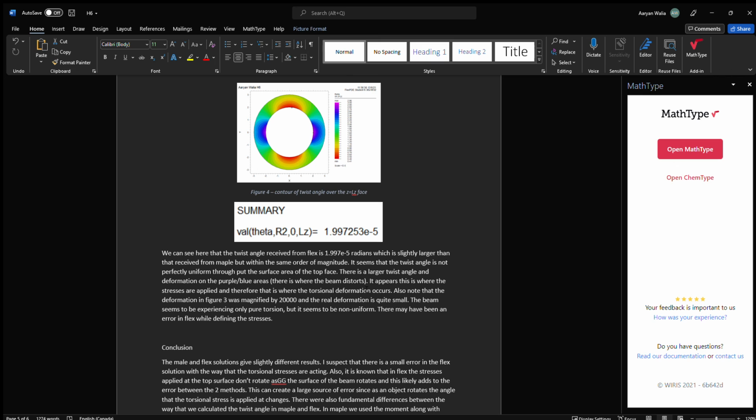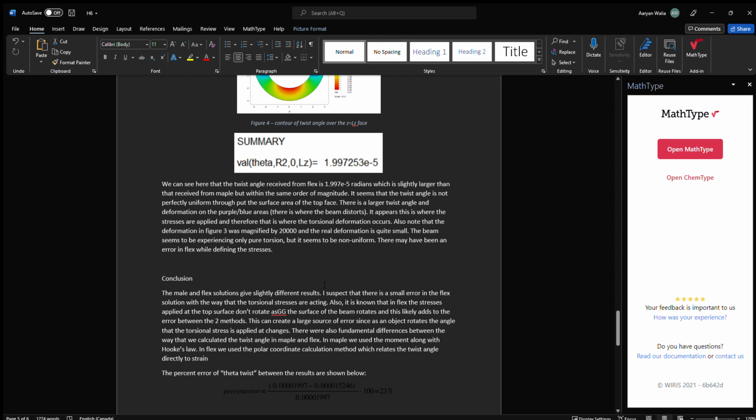We also fundamentally derived the twist angle differently. In Maple we used Hooke's law, and in Flex we used the polar coordinate method, so that could have given us slightly different answers. And yeah, that was pretty much it.